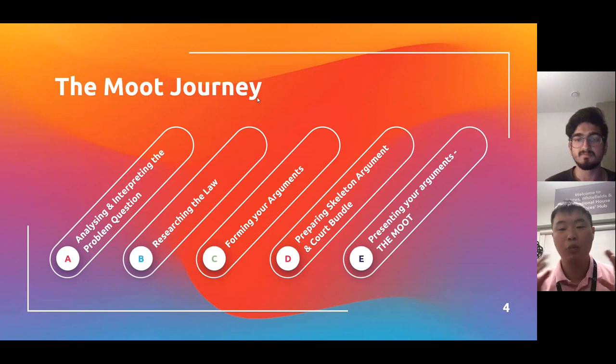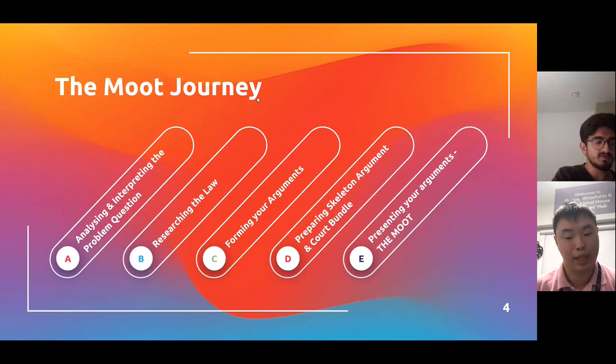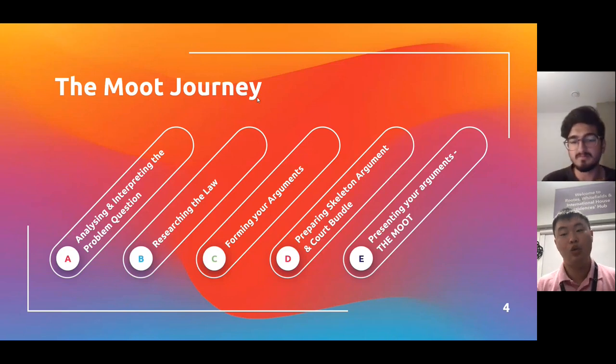After that, you form your legal arguments based on your research from legal databases and case law precedents, and you combine that into something called the skeleton argument, which is a one-page document that sets out brief arguments of your case. After that, you compile the cases that you've used into a court bundle, and finally, on the day, you present your arguments in the actual moot.